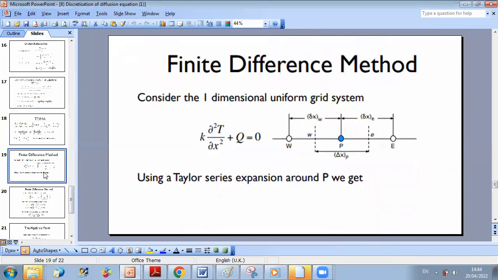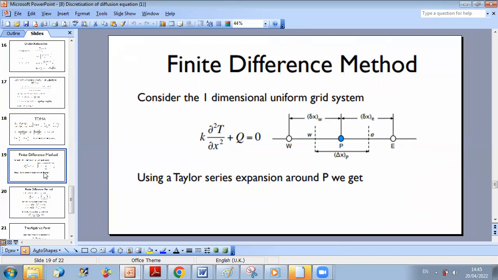Now, until now, we have developed a technique called the finite volume technique, which was based on taking a control volume, doing conservation analysis, and finding a numerical equation relating the variable at different centers of cells.